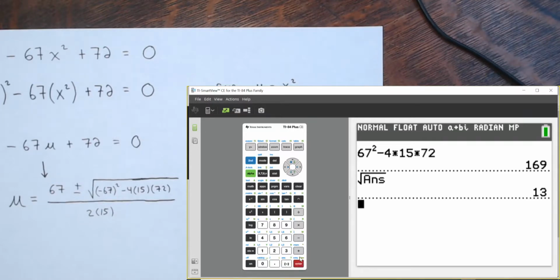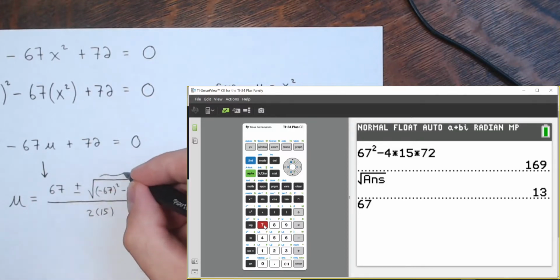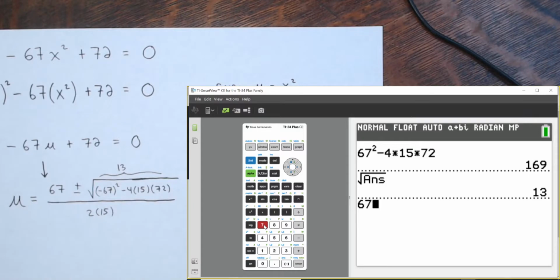Then we go, 67 plus 13, because this whole square root is 13. So 67 plus 13 would be 80, divided by 30.